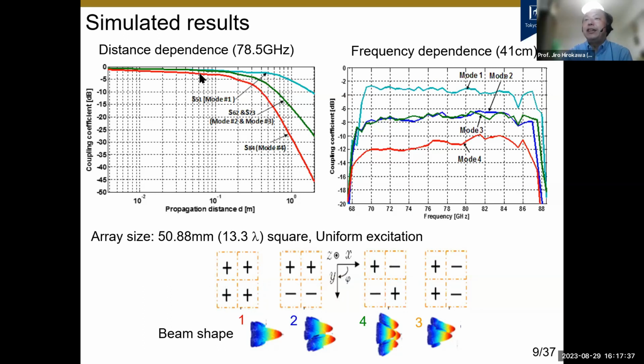We want to deal with not only the near field, but also realize some kind of transition area in the Fresnel region, a transition area from near field to far field. So we try to deal with both near field and Fresnel region. We call this the non-far field region. So we don't deal with far field here.